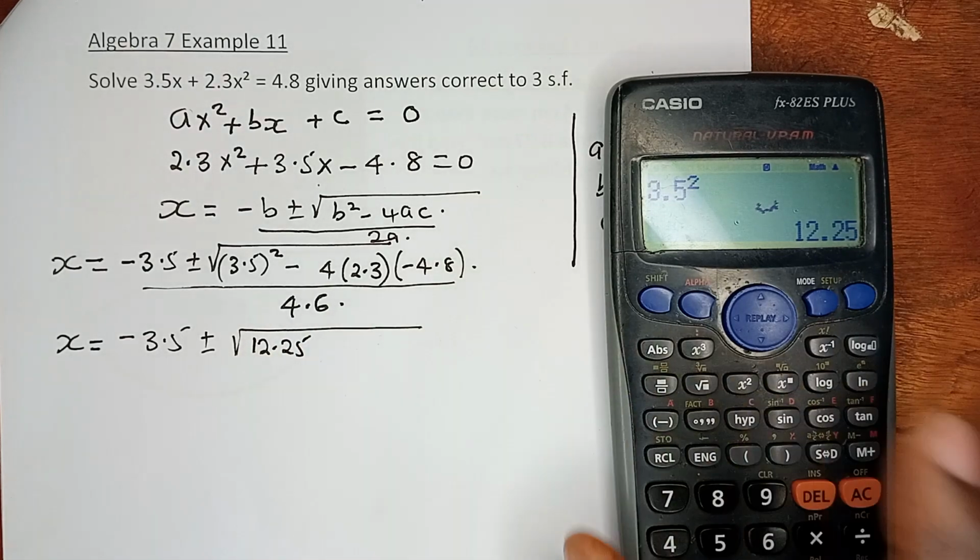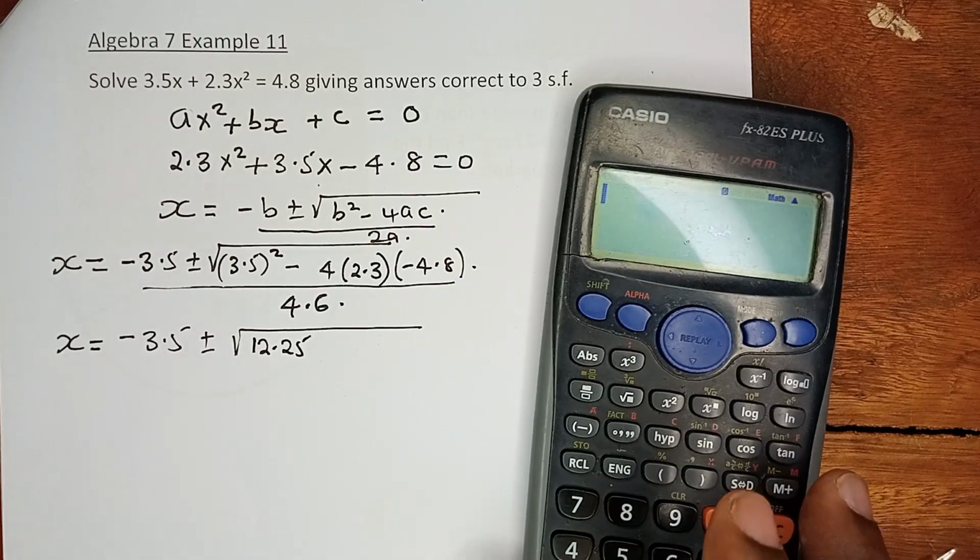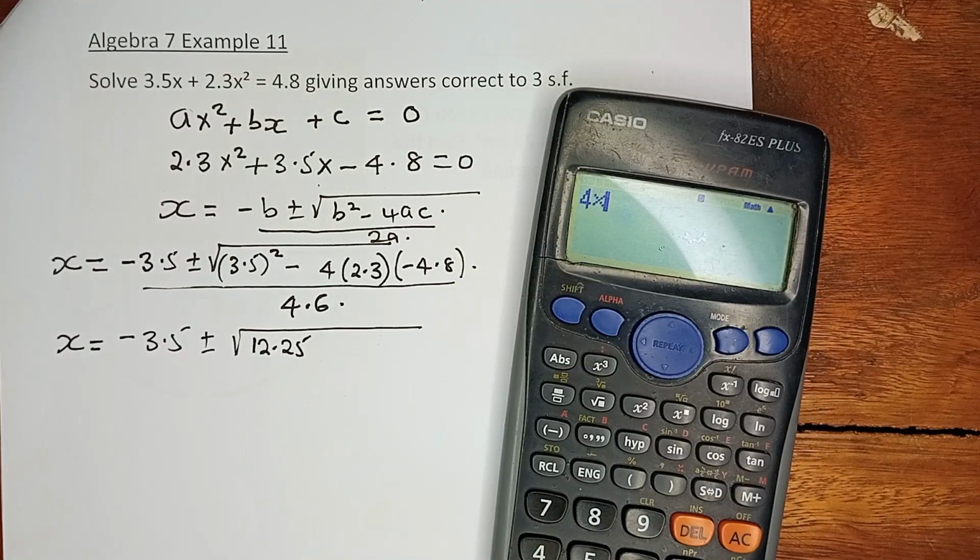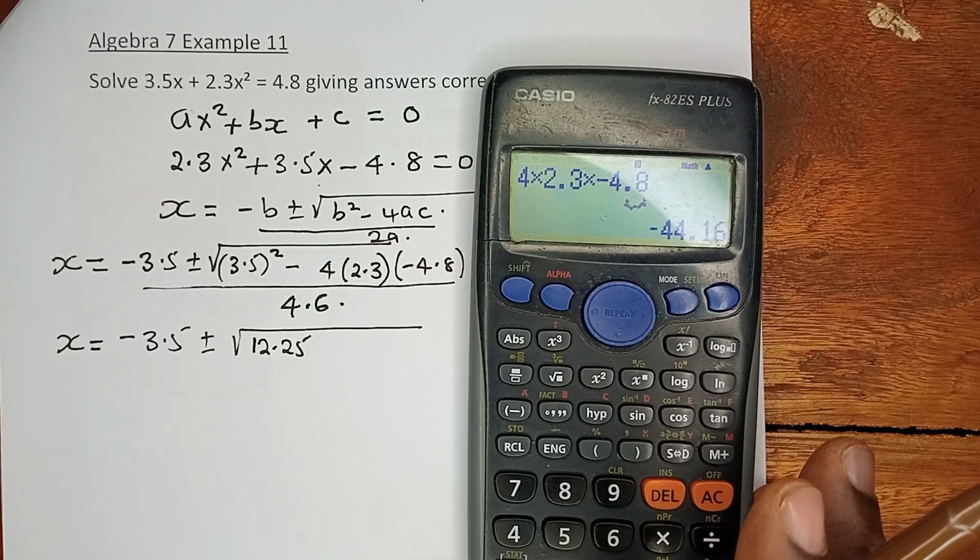So x is minus 3.5 plus or minus the square root of 12.25. What about 4 times 2.3 times negative 4.8? That is minus 44.16. And care has to be taken here.